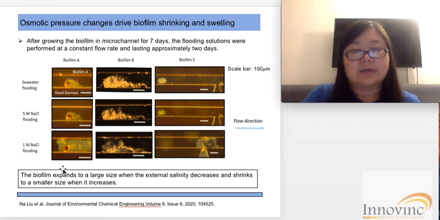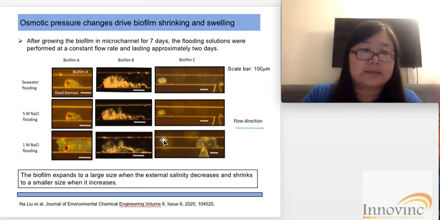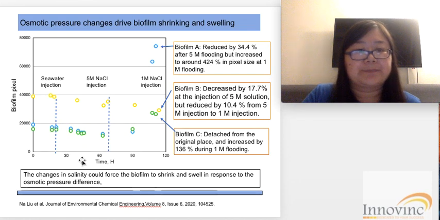In the upstream there are also other biofilms, like biofilm C. During the injection, they might detach from the original place and resettle in another place. So 63% of this increase is because of the resettlement of other biofilms.